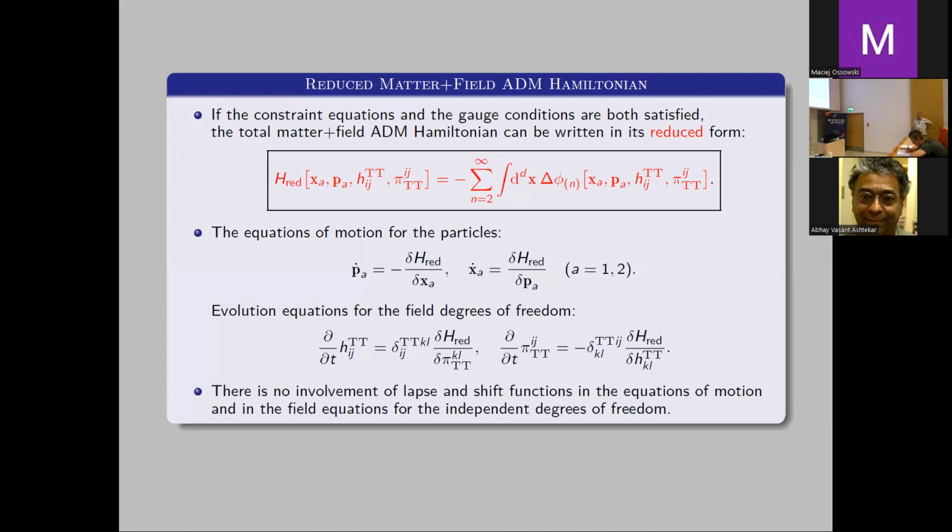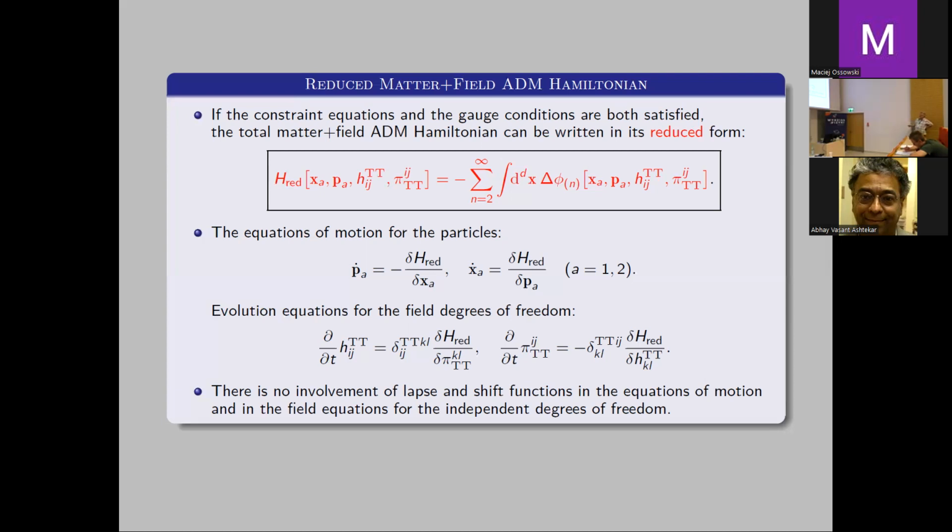Yes. So then you can make the post-Newtonian expansion of this, and you have the post-Newtonian expansion of the Hamiltonian. All you need is just to compute this. And what is important is that this reduced Hamiltonian contains the full information both on the equations of motion for the particles and also about evolution equations for the field degrees of freedom. Here you should know that we have to use the TT projection operators on the right-hand side of these equations.